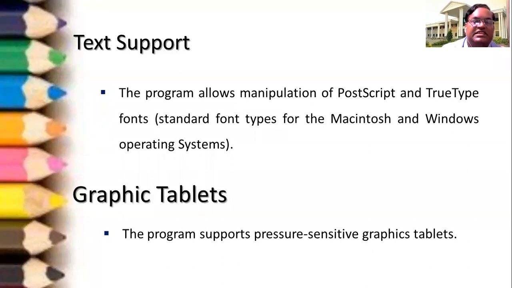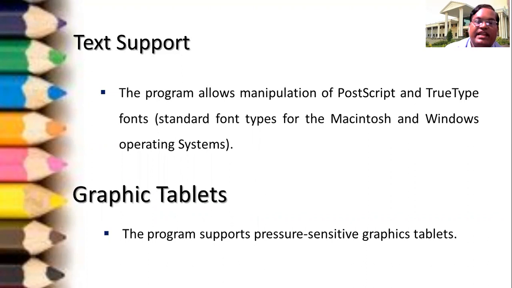The next feature is graphic tablets. Some graphical programs also support graphic tablets, where pressure-sensitive graphic tablets are used to draw graphics. It is a device, so with the help of a pen, if you draw on a tablet, that reflects on your screen.